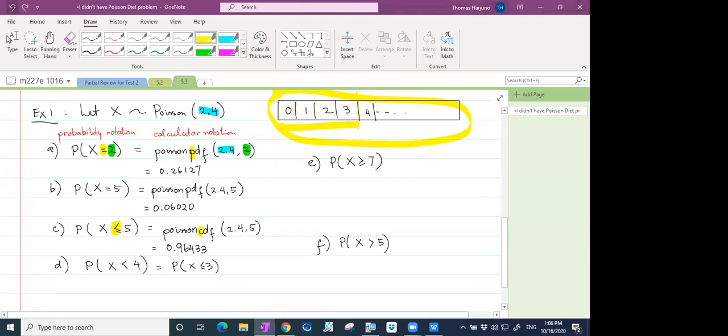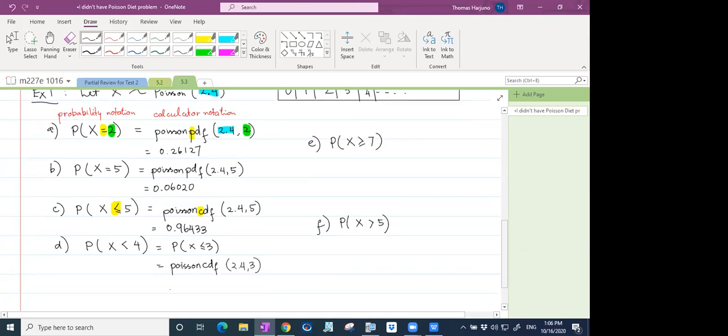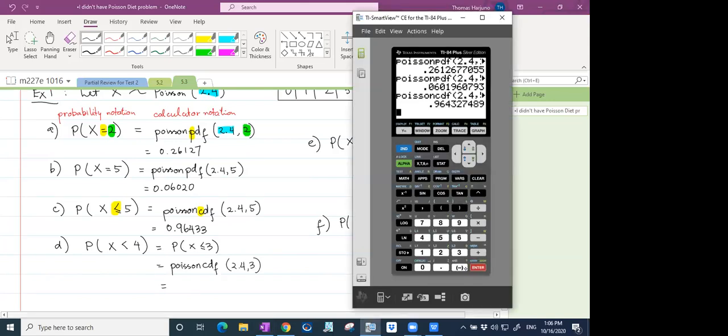Then I use my calculator. Oh, I do the calculator notation first. That will be Poisson CDF 2.4, 3, not 4, 3. I have the same number earlier, so let me just do this.